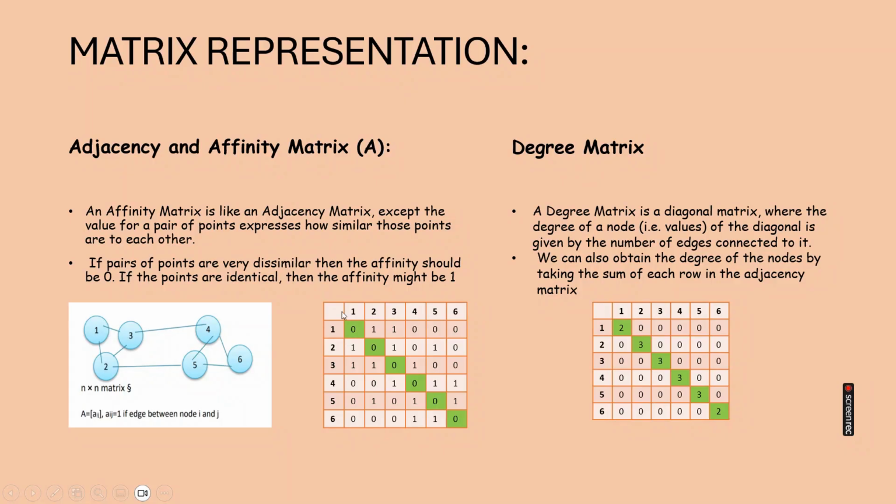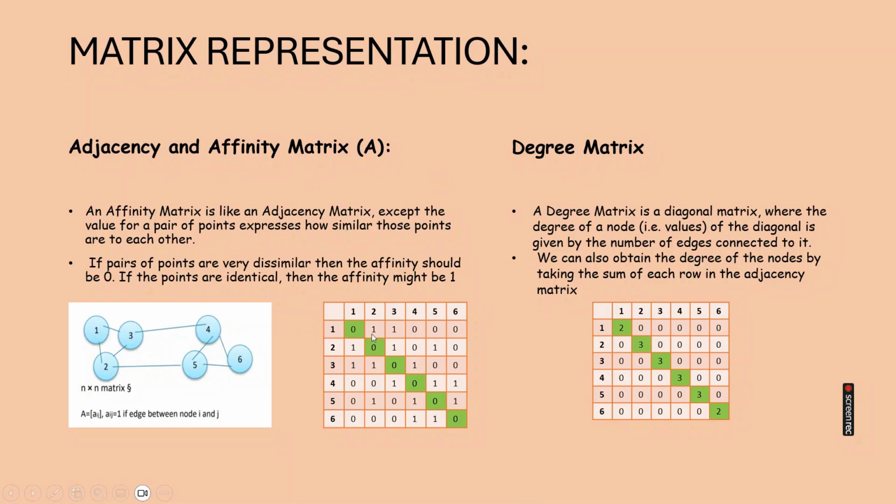We have the 6 nodes vertically and horizontally, as rows and columns, and then we fill in values of zeros and ones based on their connectivity. For example, for node 1, if 1 is connected to 1, we would have 1, but here 1 is not connected to 1, so we have 0.